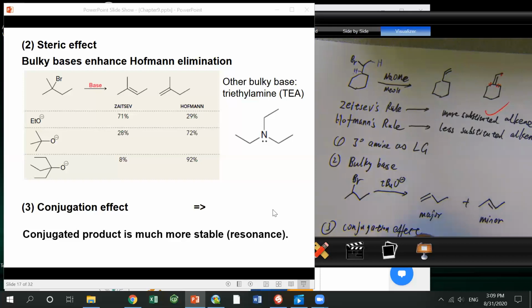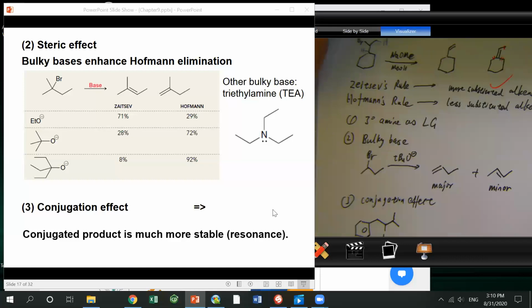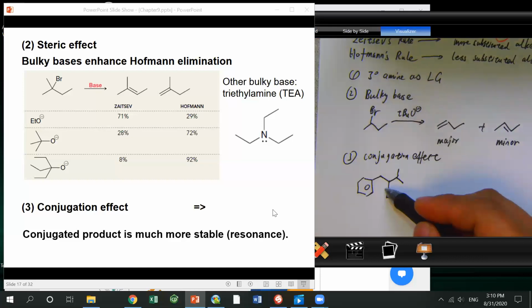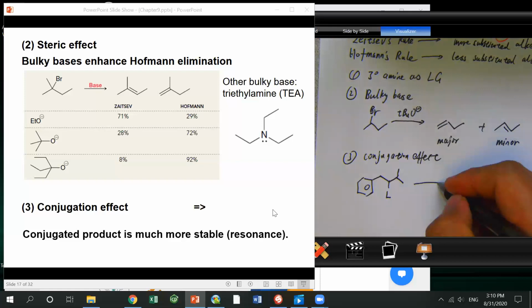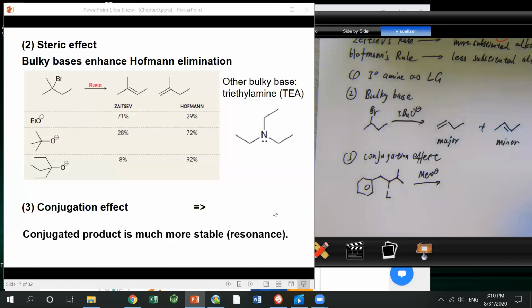Here I just give you one example so you know what's going on. We have benzene. Here's the leaving group, and you want to do elimination. For example, we just use methoxide as the base.